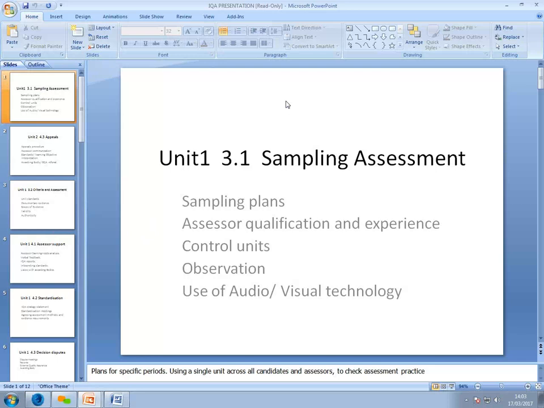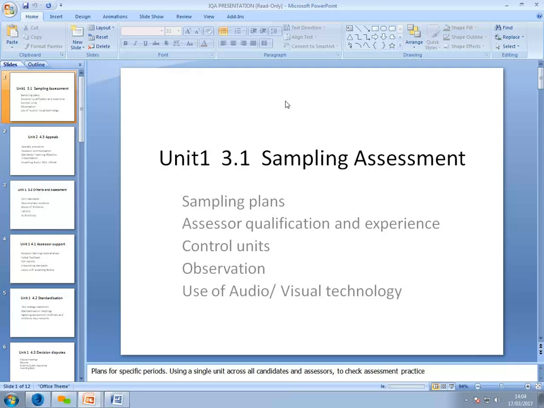As I mentioned at the back end of the last session, sampling plans should be made roughly for every 3 months for students that are registered on a particular qualification. Not all units of every student need to be sampled, just a percentage of them that covers the whole of the units across the qualification, but it may be 2 or 3 units from each student, but different ones.